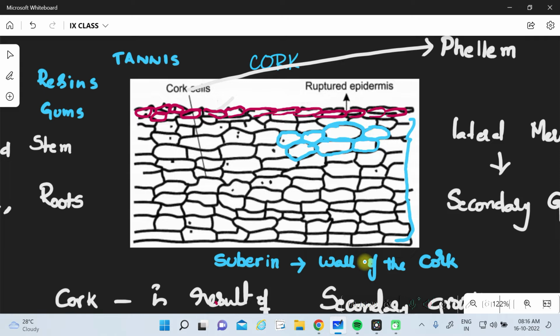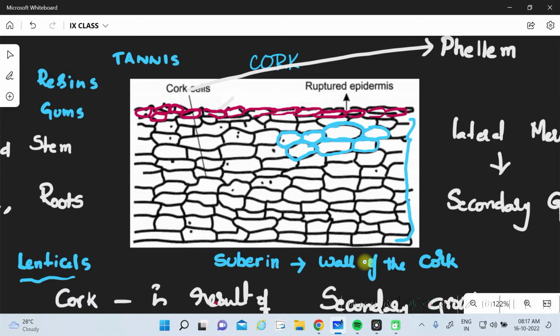Now when it is tightly packed, gases cannot be exchanged in the case of stems and roots. So in order to allow the exchange of gases, in some regions this cork is modified and forms special pores or loosely arranged structures called lenticels.